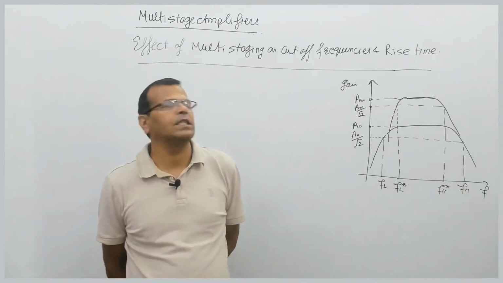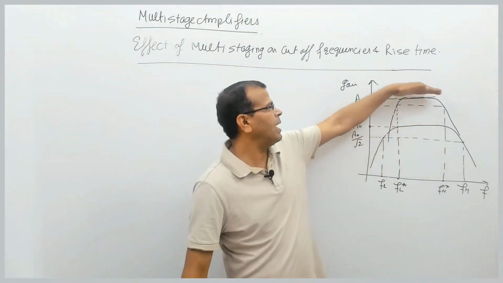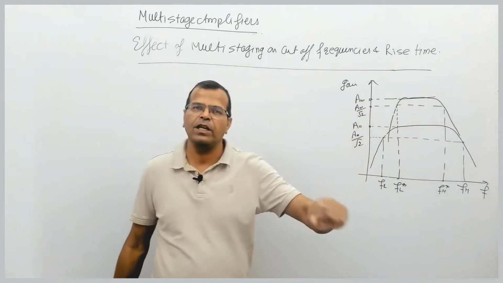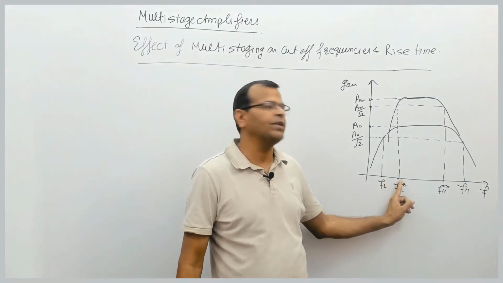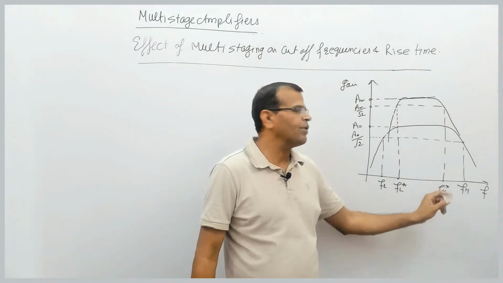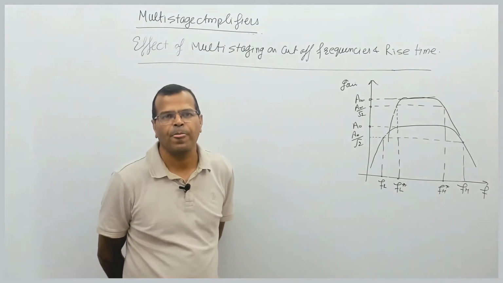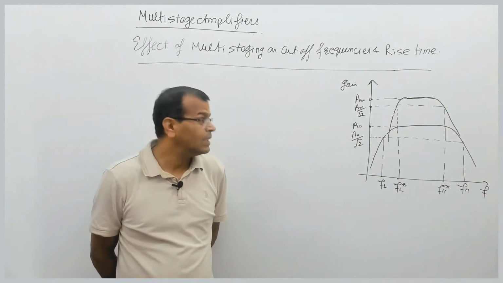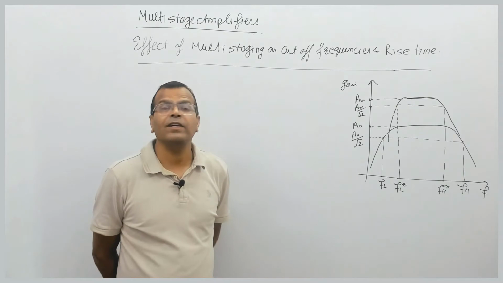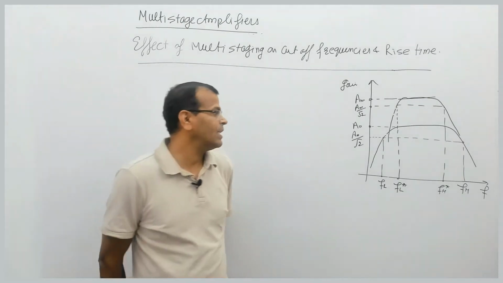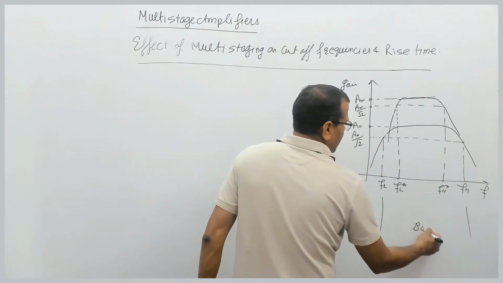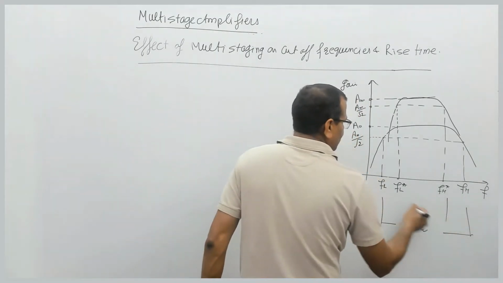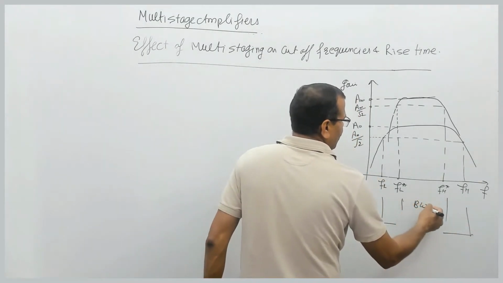Due to multistaging, gain of the amplifier increases, but lower cutoff frequency increases, upper cutoff frequency decreases. This is the effect of multistaging. So what has happened? The bandwidth which was BW earlier has reduced to BW1.